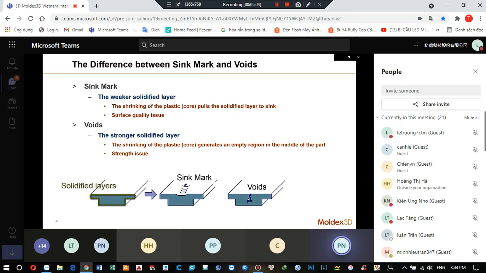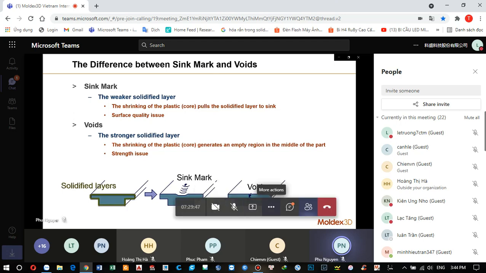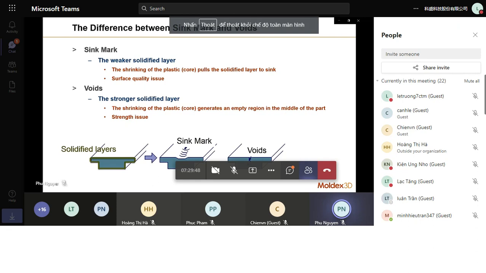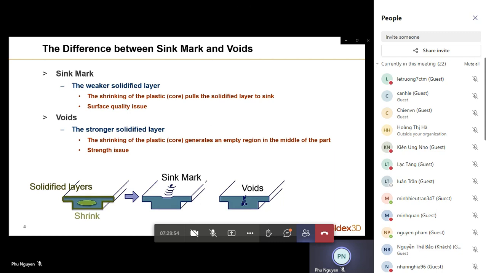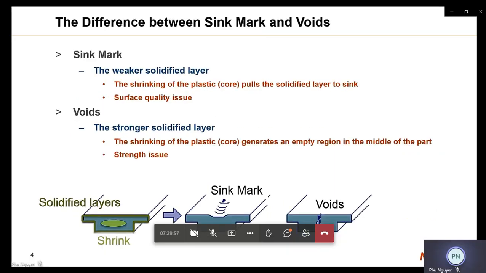So it becomes a solidified layer just around our injection molding part. And at this moment, the material in the core area will also shrink, because the temperature in the core area will also keep dropping and solidifying, and the material shrinks in the core area.